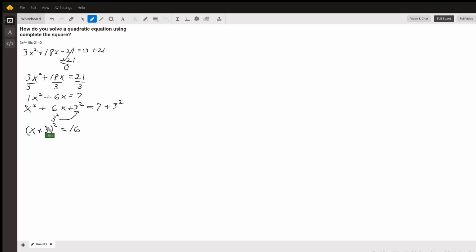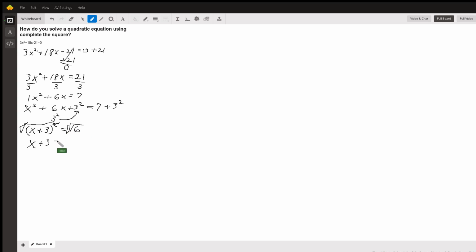Now once you get here, we want to solve for x. So you can square this. If you have this square, you can take the square root of it. And these two cancel each other out, and you end up with x plus 3. Over here, you have to take the square root also.